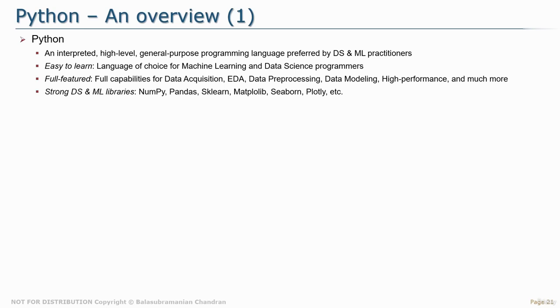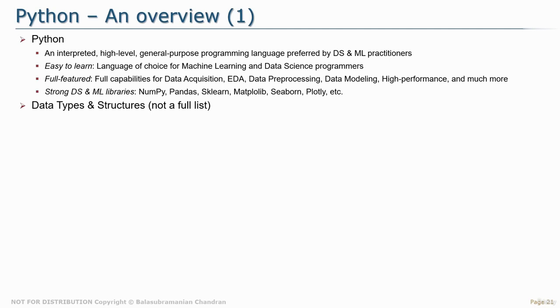It's a fully featured language, which means it has full capabilities for data acquisition, exploratory data analysis, data pre-processing, data modeling, high performance, and much more. It has strong data science and machine learning libraries such as NumPy, Pandas, sklearn, Matplotlib, Seaborn, Plotly, etc.